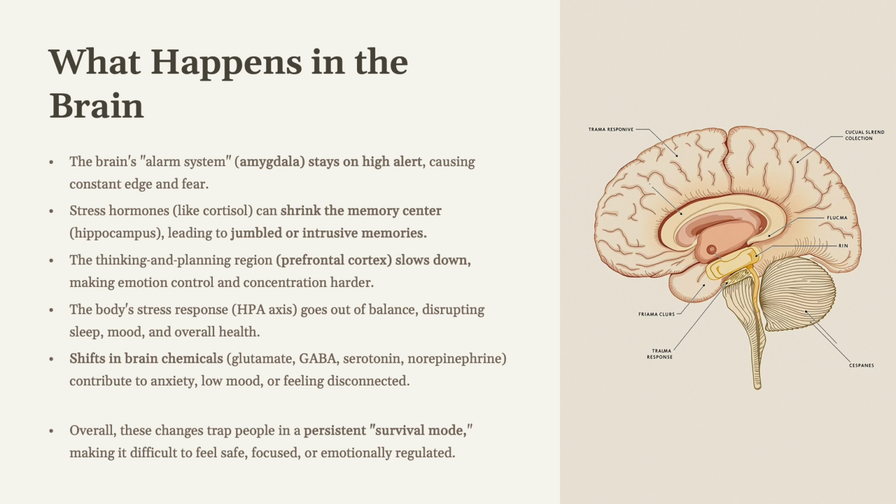It's not as reactive as the alarm center. It's your executive functioning. That's where you make sense of things. But what happens here is that part of your brain actually slows down, so controlling your emotions and concentrating is a lot harder.